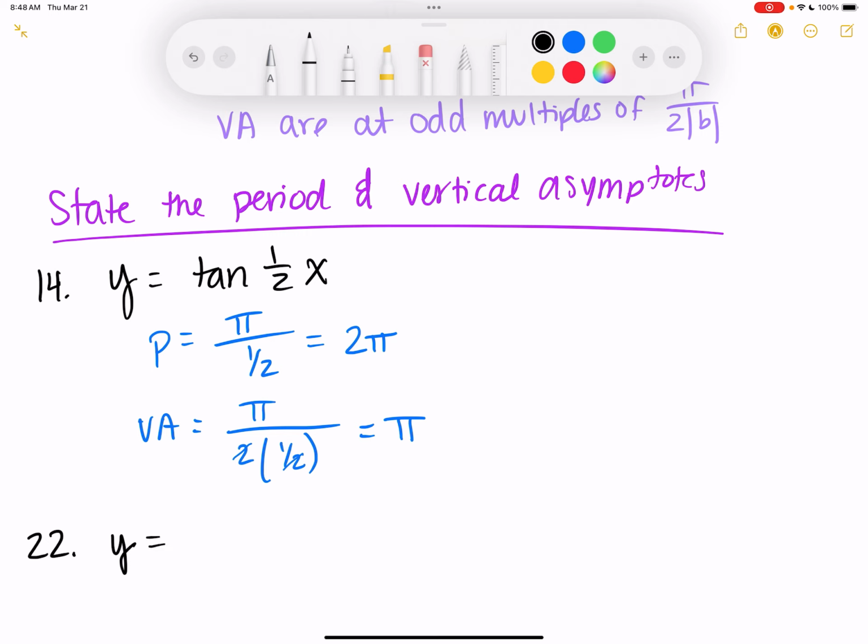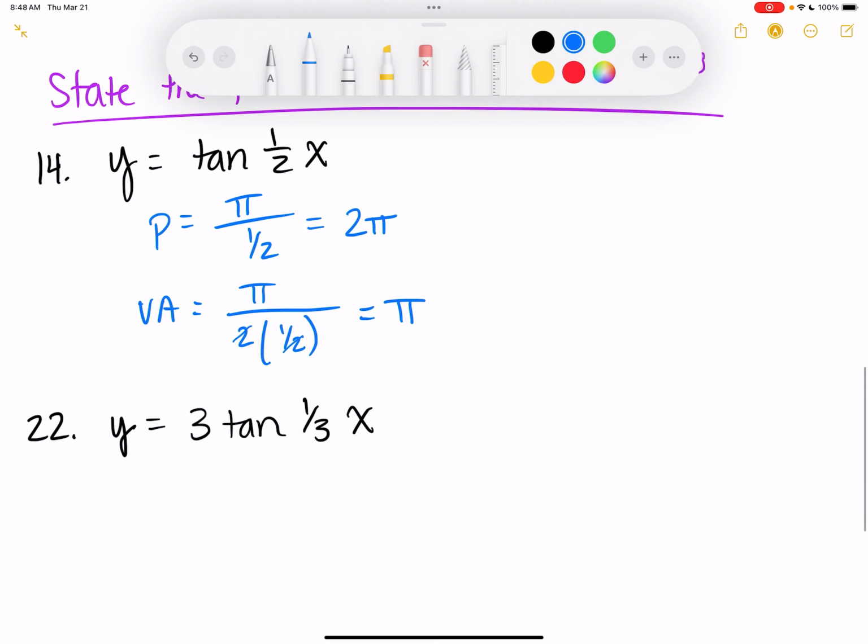Y equals 3 tangent of 1/3 x. The period is pi over, b is 1/3 on this one, so pi over 1/3.